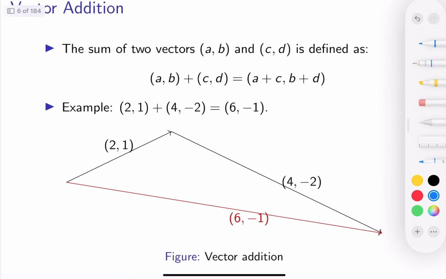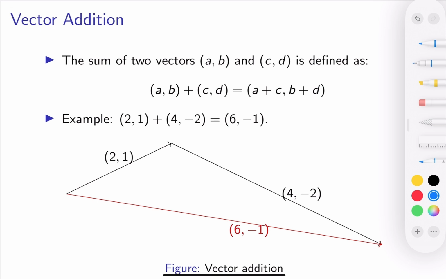So now let's come to vector addition. How would you add two vectors in R2? What is a vector in R2? It's a tuple of this form, and another tuple of this form. We take two of these vectors, and A, B, C, D are just real numbers, can be radical 2, 1 over pi, whatever.